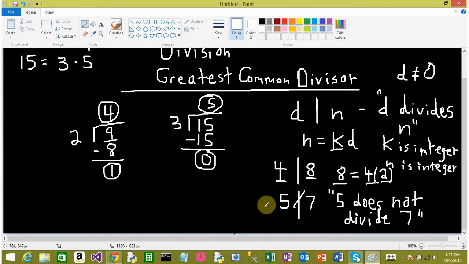And we can see the reason is that if we have 7 equals 5 times some number k, we can't think of an integer k such that 5 times k will give us 7. So that's why 5 does not divide 7.